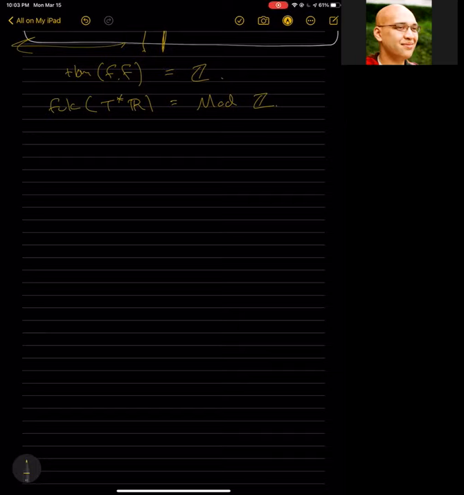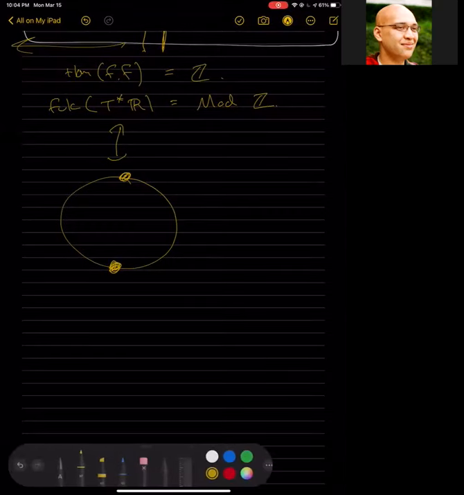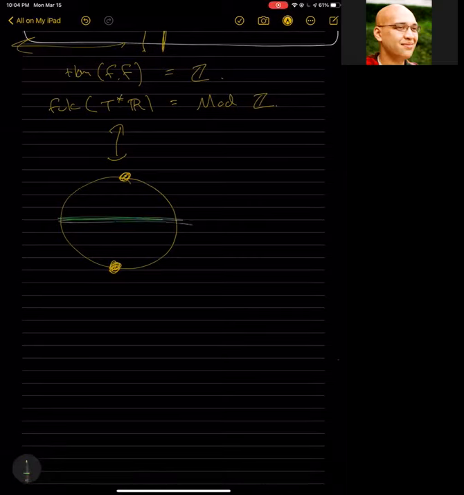There's another name for this T*R, which is that I could also have called it the disk with 2 stops. And then that one Lagrangian from before looks like this.